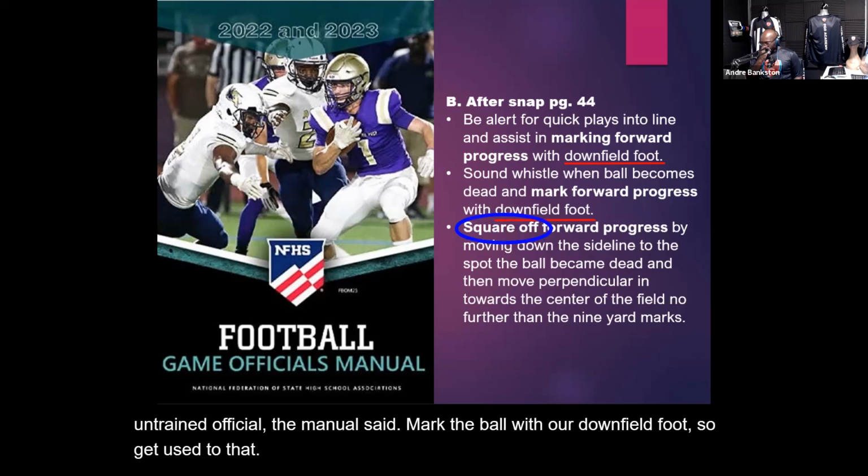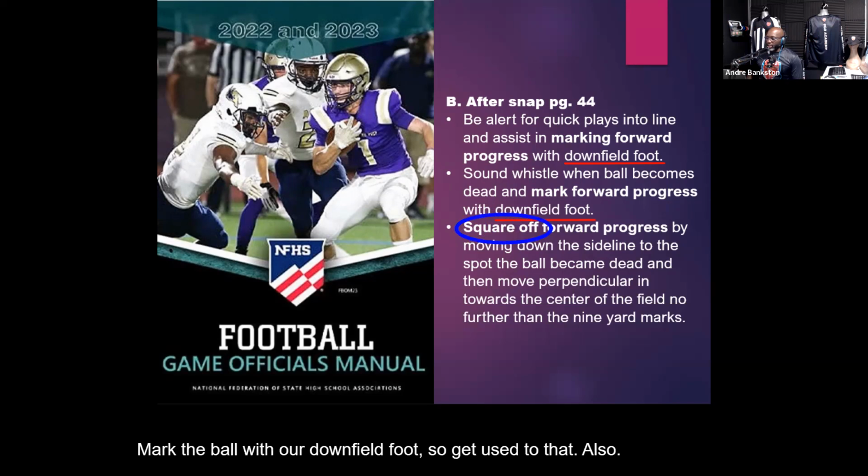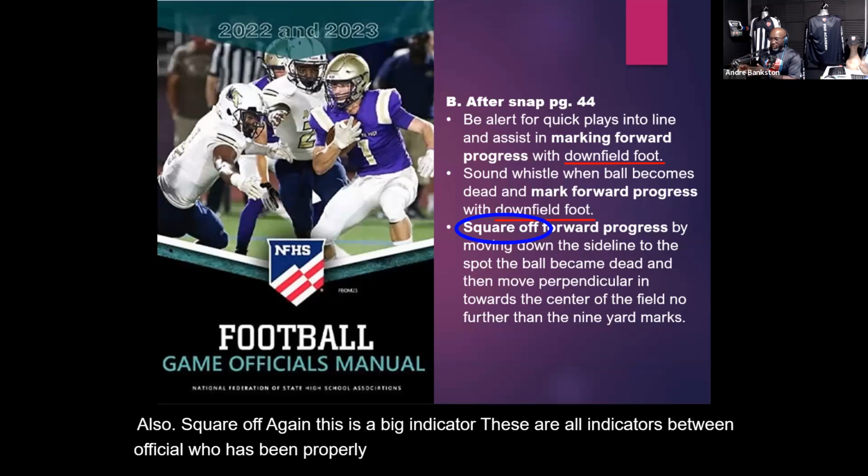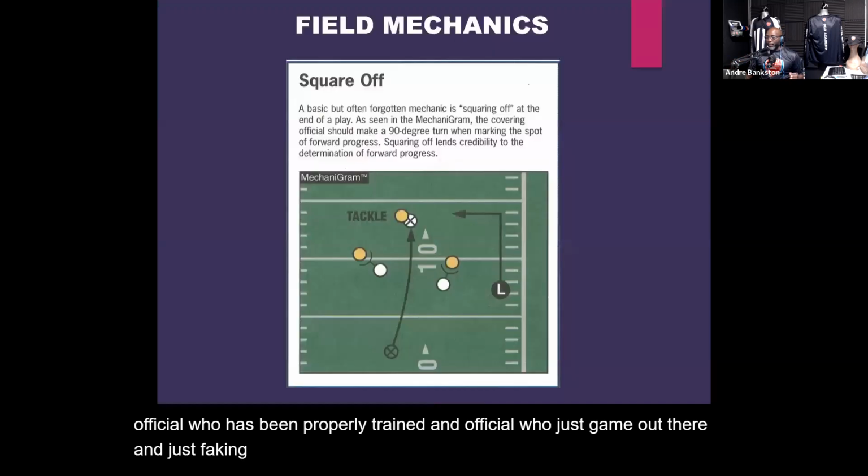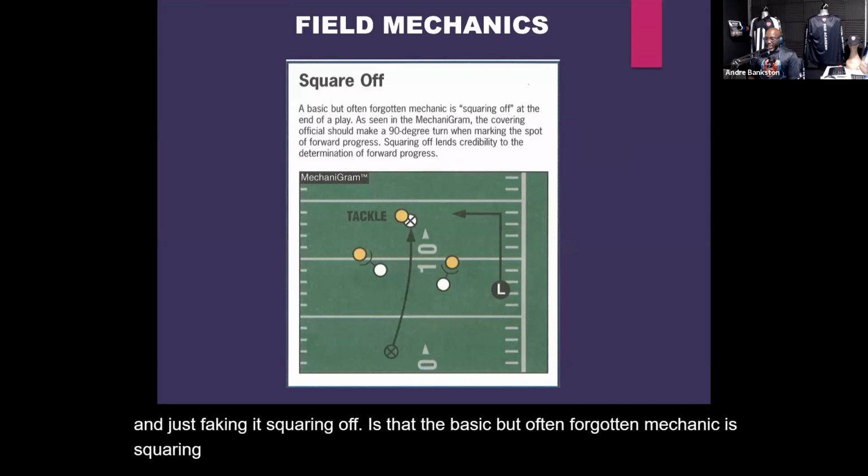Also, square off. Again, this is a big indicator. These are all indicators between an official who has been properly trained and an official who just came out there and is faking it. Squaring off is a basic but often forgotten mechanic at the end of the play.